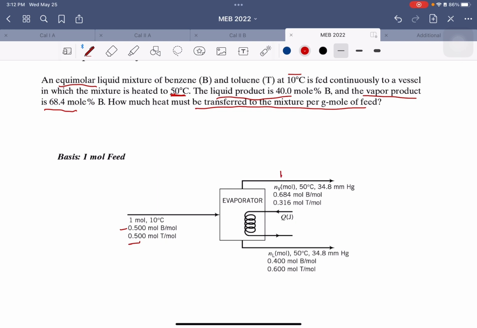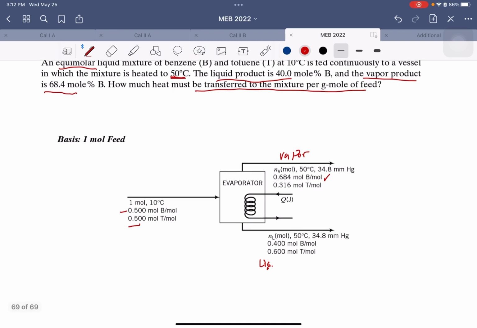The first one is for vapor, the second one is for liquid. Based on the information, the vapor is 0.6 for the benzene, and the toluene will be the rest, so 1 minus 0.6, and the liquid is 0.4 for benzene and 0.6 for toluene.